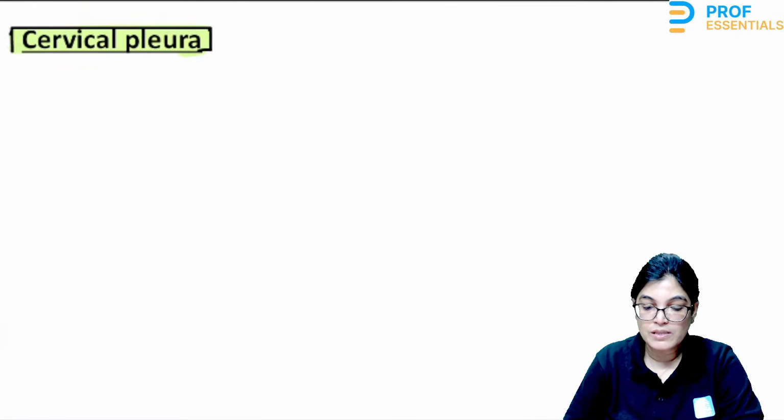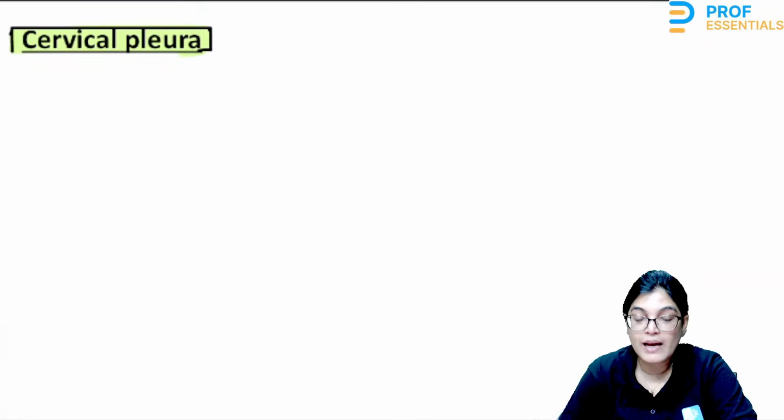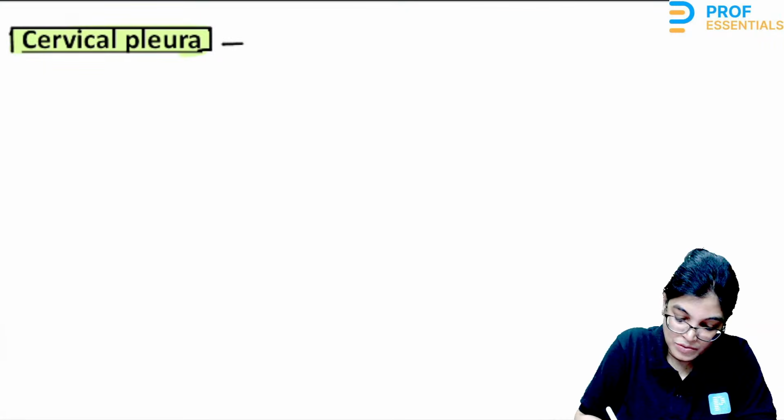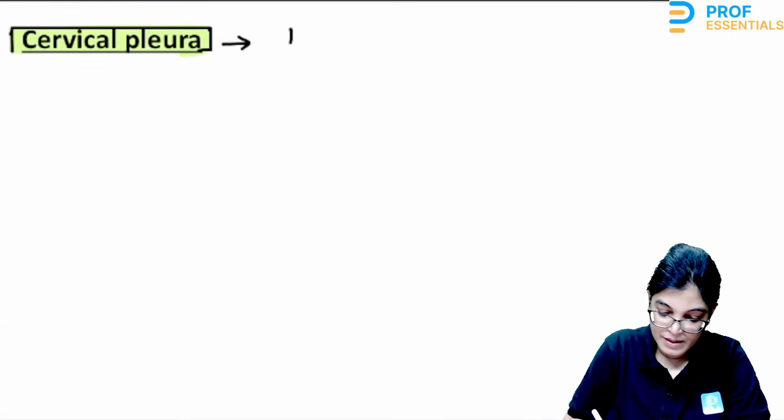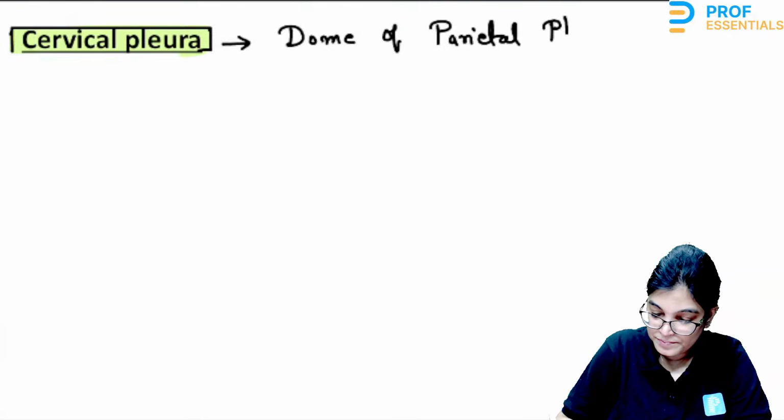When I talk about the cervical pleura, it is the upper dome part of the parietal pleura which extends into the root of neck. The exact location of cervical pleura is approximately 1 inch above the medial end of the clavicle. So please note down: cervical pleura is the dome of parietal pleura, or upper part of parietal pleura.